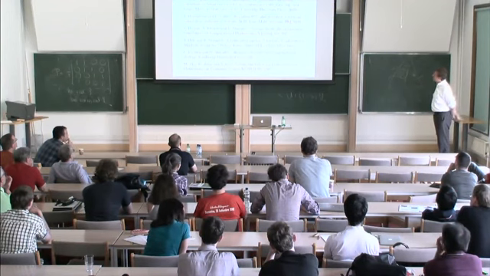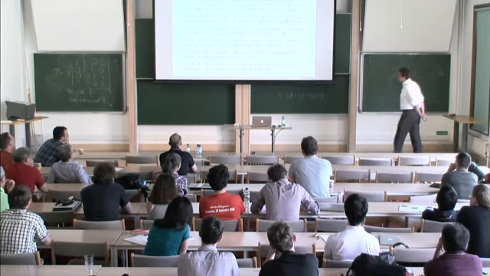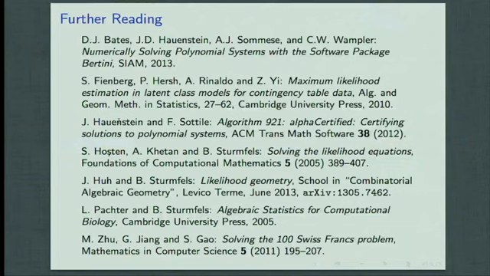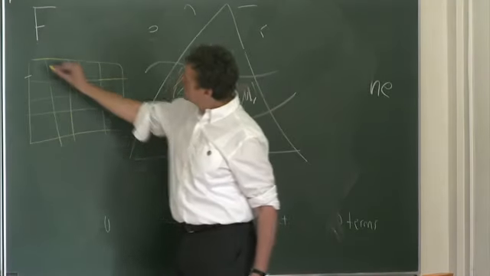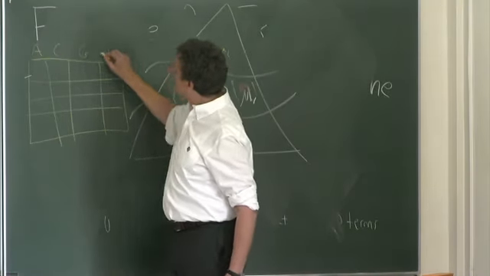That's the old paper with Hoşten, where we did the first calculations. June Huh and myself have a longish article on likelihood geometry in general, which I think should be a good introduction. We were particularly interested for a while. I was a bit obsessed with the 4x4 tables, because the rows and columns were called ACGT.